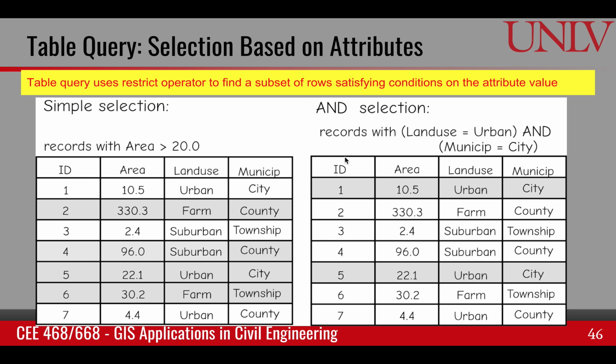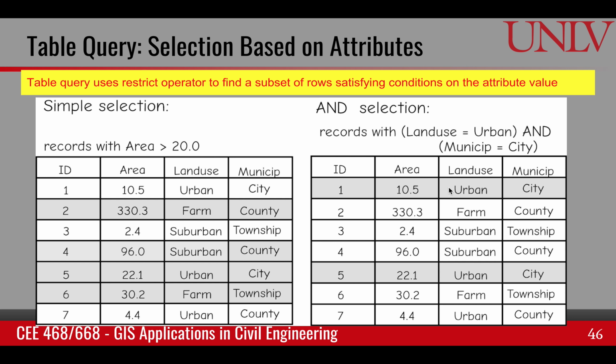We can also use the logical operations that we learned earlier, for example, and, or, and not, to combine multiple conditions in the restrict process. For example, if we want to find all the records with land use equal to urban and municipality equal to city, then and means both of these conditions have to be true.